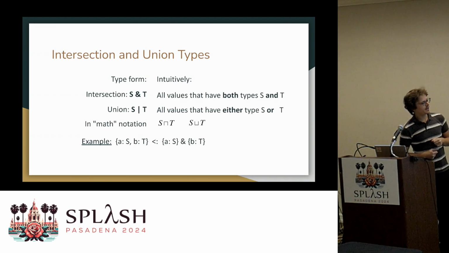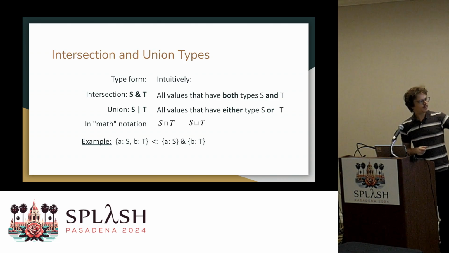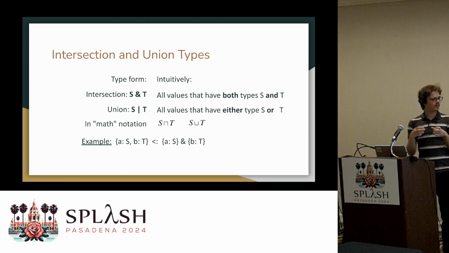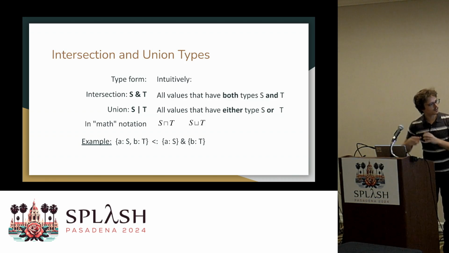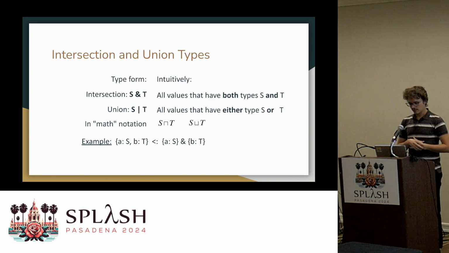This means that the record type can be thought of as having both the type, a record of A with type S, and a record of B with type T. This is thanks to record width subtyping, the fact that you can forget some of the fields of a record by upcasting.